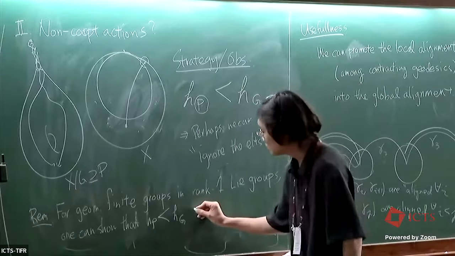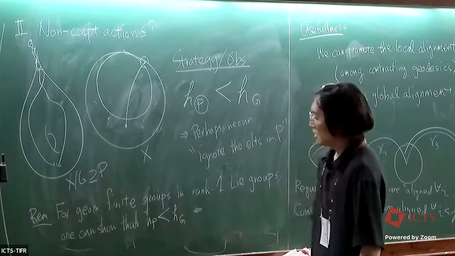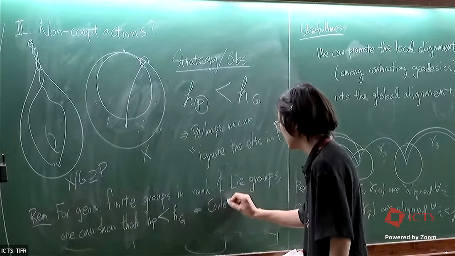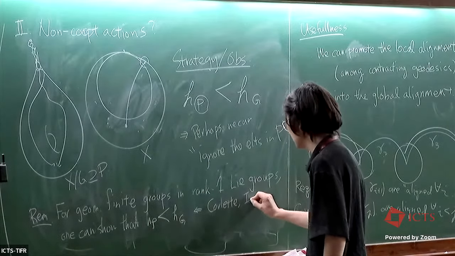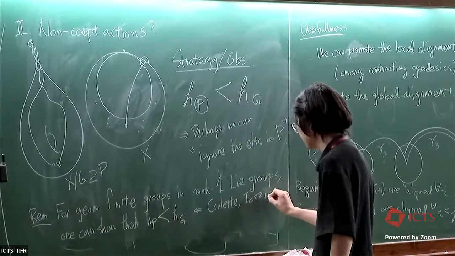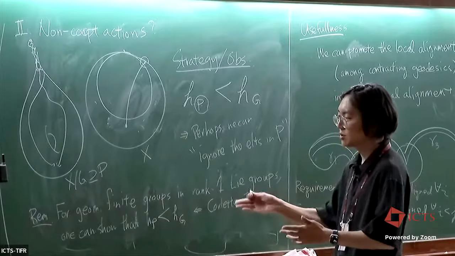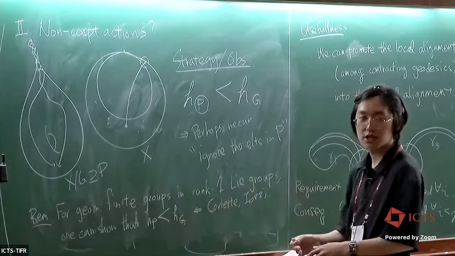This observation is a combination of Corlette and Iozzi. They observed some feature of parabolic subgroups of geometrically finite groups in rank 1 Lie groups.